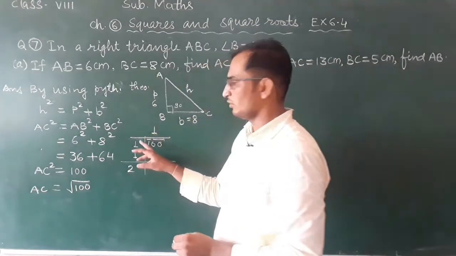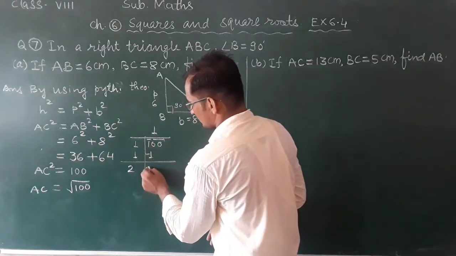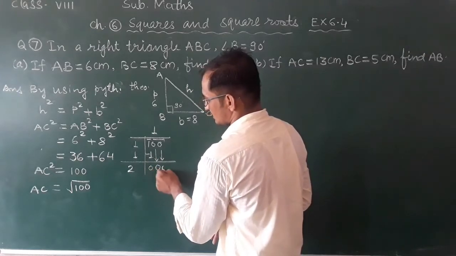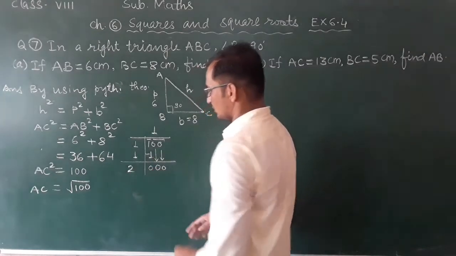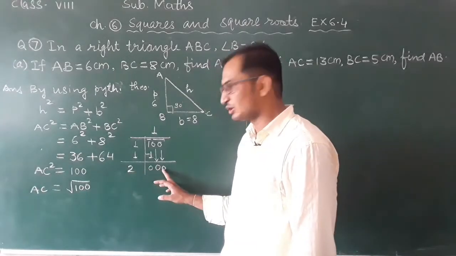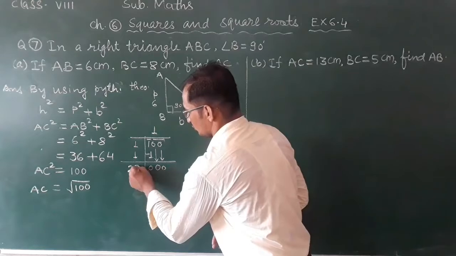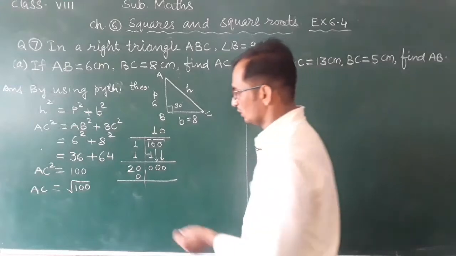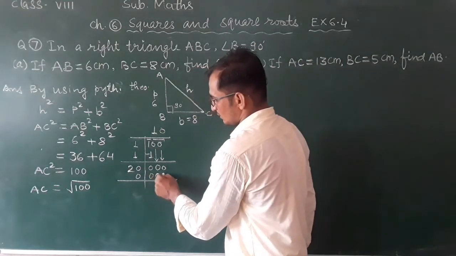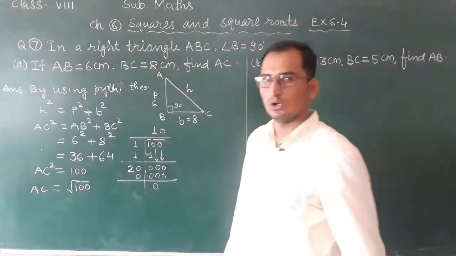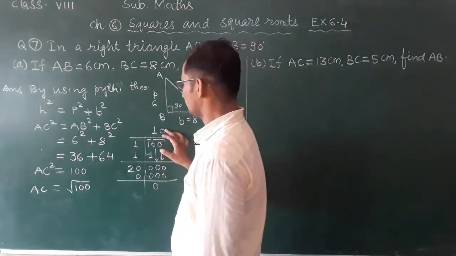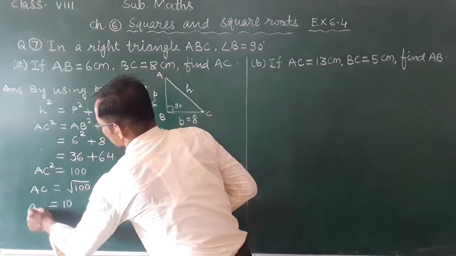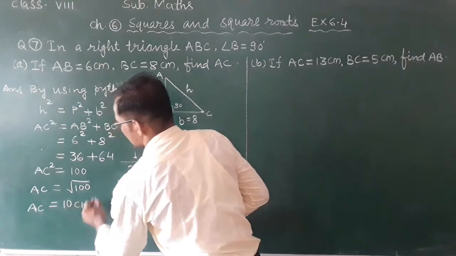We write here also 1. Then 1 minus 1 is equal to 0, and now write below the next pair 0 0. Then we put 0 and 0, and we write 0 into 20, that is 0, and 0 minus 0 is 0. It means square root of 100 is 10. It means the value of AC is 10 centimeter.